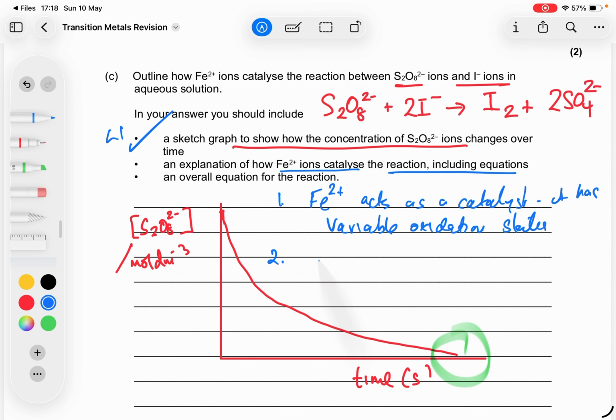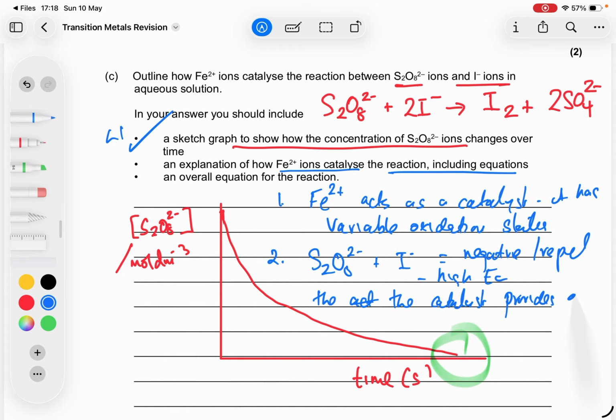Number 2, the S2O8 2 minus ion and I minus ion both are negative and repel, so they have high activation energy. The catalyst will provide an alternate pathway with lower activation energy.